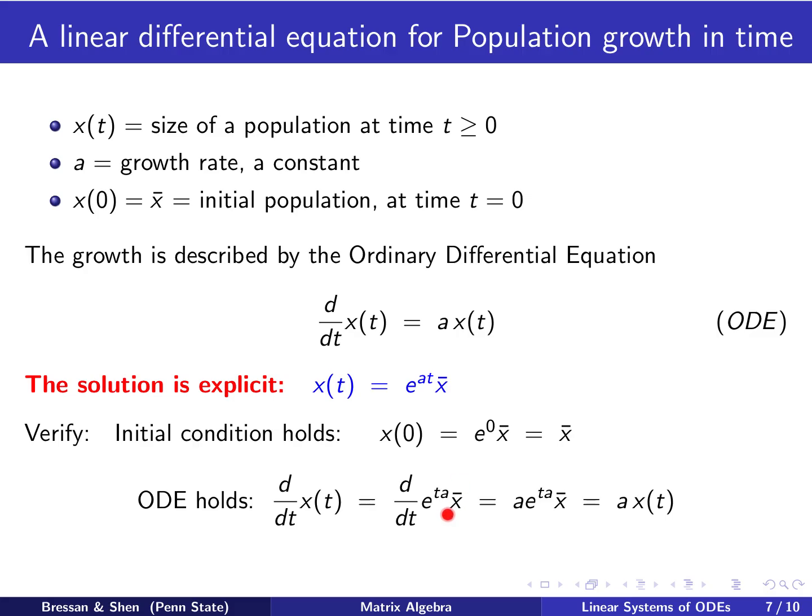And remember, a is a constant, so you are just differentiating the exponential function, where you can just take a times e to the t times a. And then we see that e to the t times a times x bar is just x(t), so I get a times x(t). So the ordinary differential equation holds here, and therefore this is a solution.